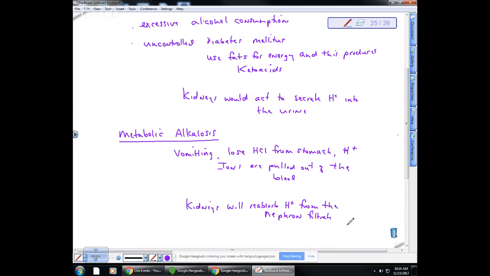Also, you can do this if you ingest too many antacids. If you take in too much basic stuff, like in over-the-counter antacids, this can also lead to metabolic alkalosis. So I guess that's something to be aware of.